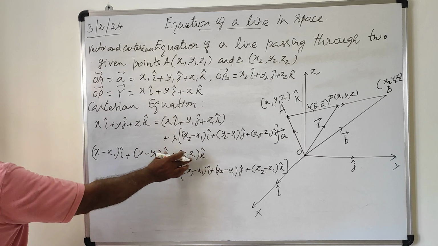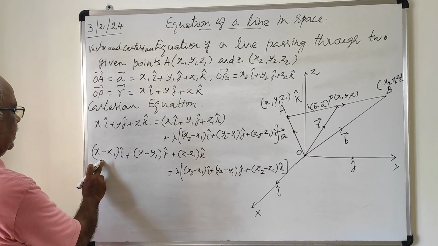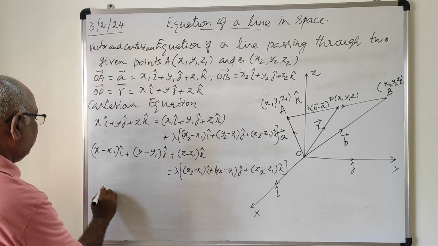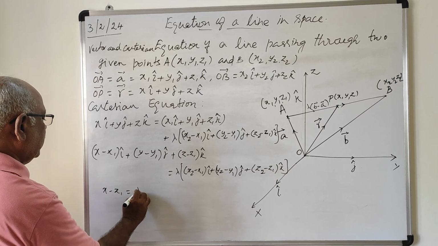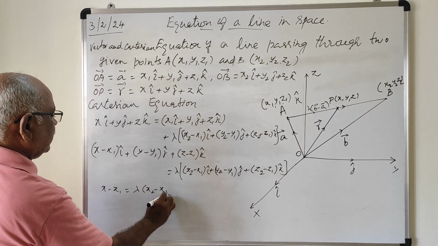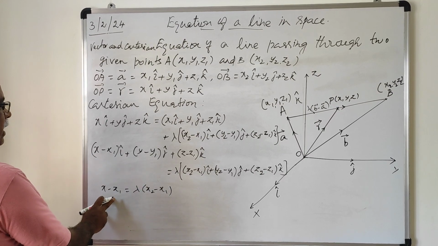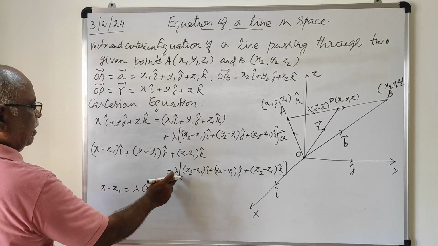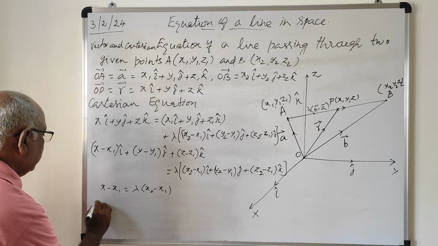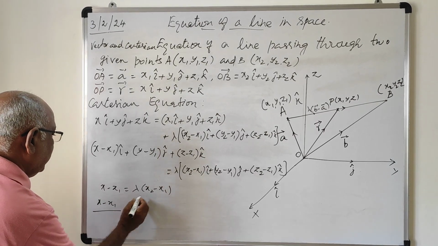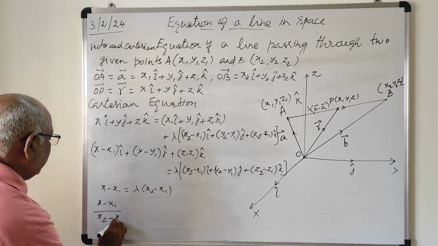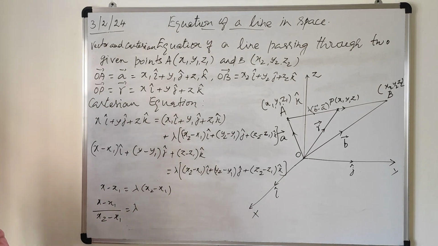Comparing the coefficient of i, x minus x1 equals lambda times x2 minus x1. This is x minus x1 by x2 minus x1 equals lambda.